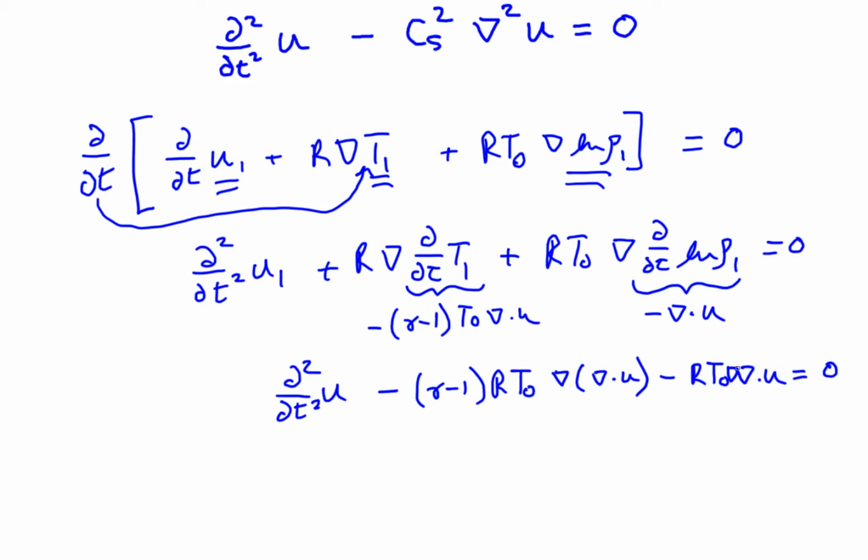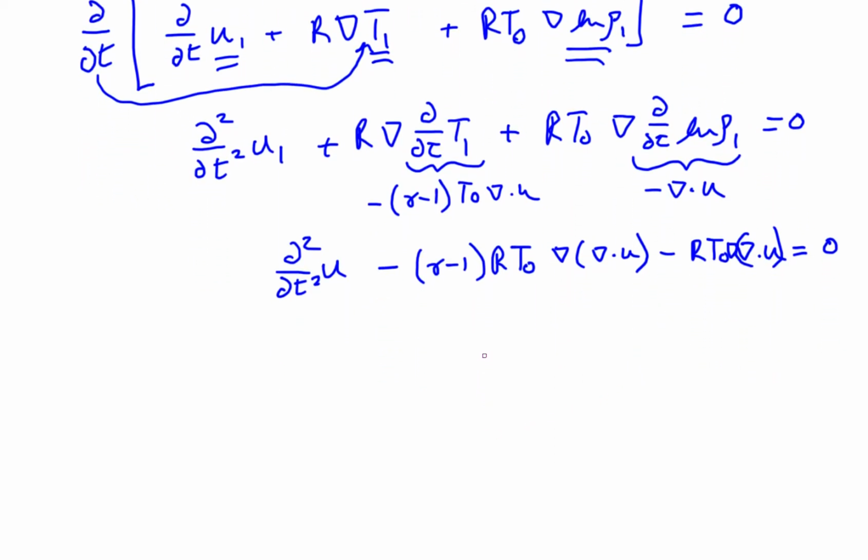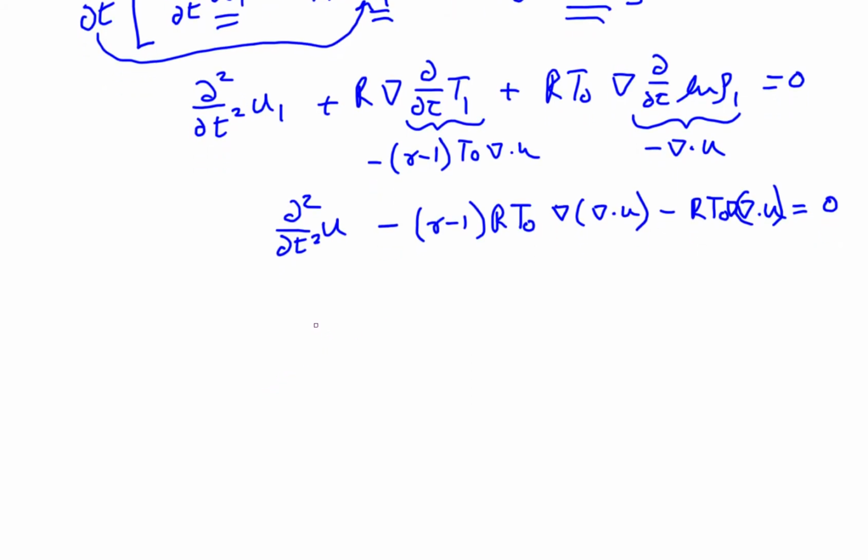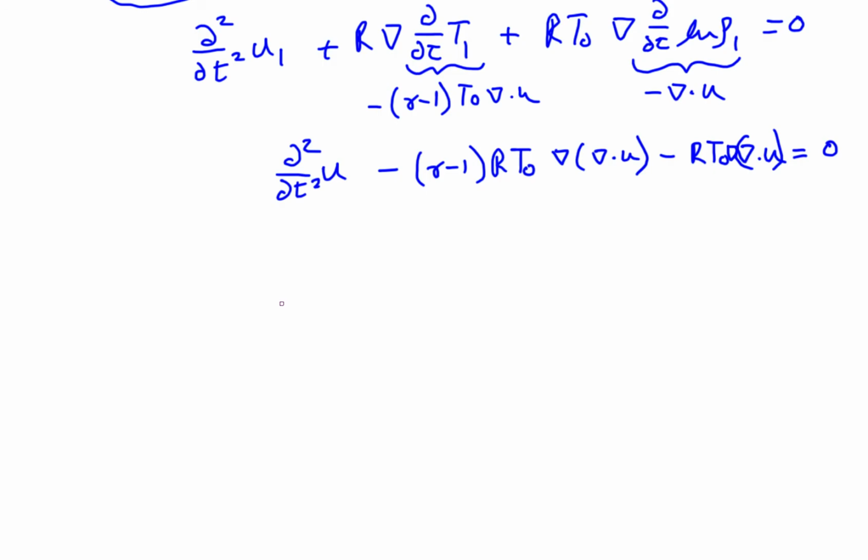Excuse me, I forgot my gradient of the divergence of u when I substituted my divergence of u into my gradient operator. Now, if we collect our terms and keep track of all of our signs, that's the real hazard in this, is the large opportunities for sign errors. We get that the second derivative of u minus gamma R T naught times the gradient of the divergence of u is equal to 0.